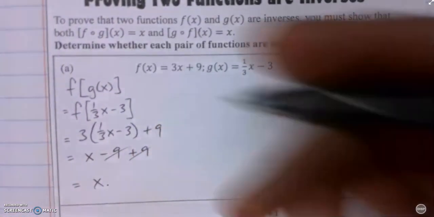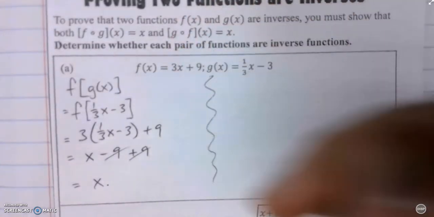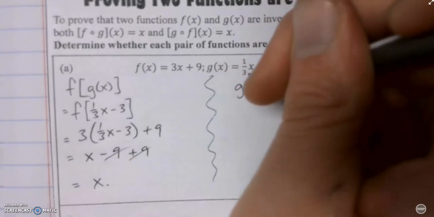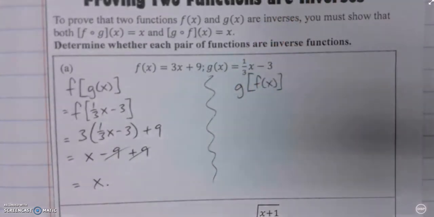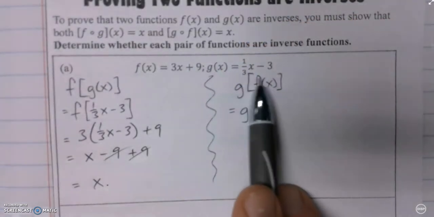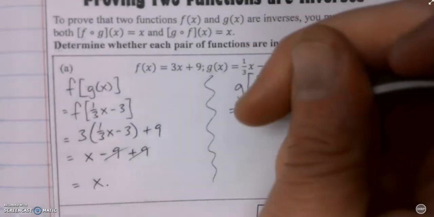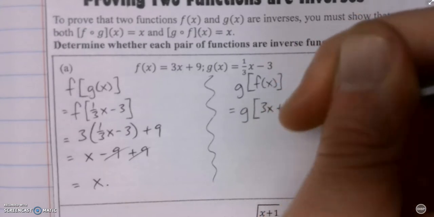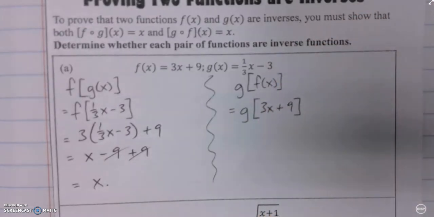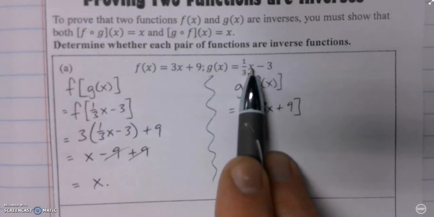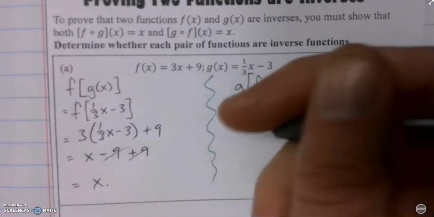What we now need to show also is that g of f of x is also x. So g of f of x means I need to work it inside out. f of x is 3x plus 9. Then function g says take 1/3 of whatever your input is and then subtract 3.